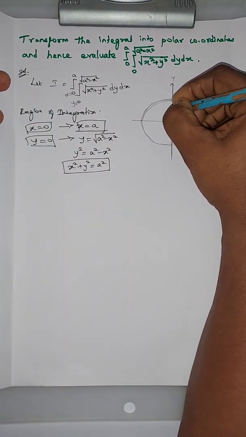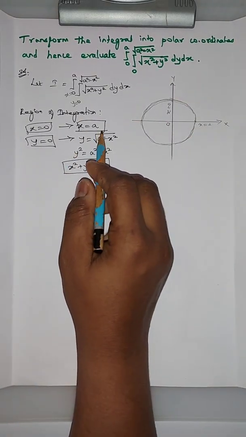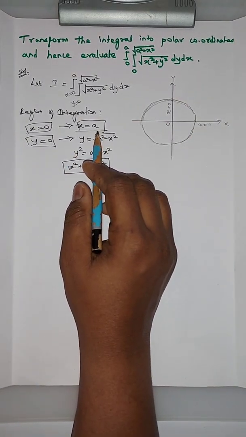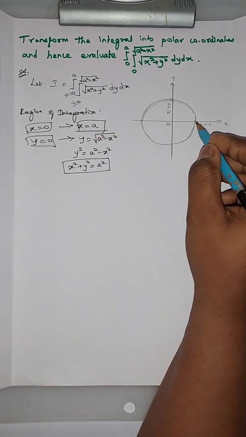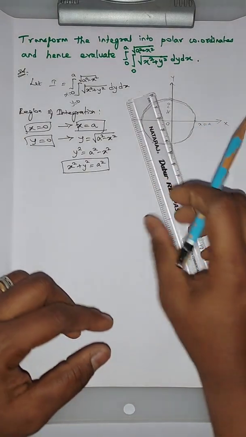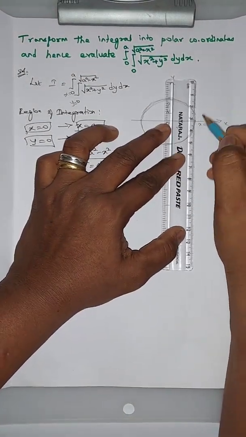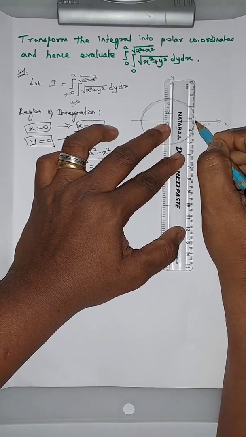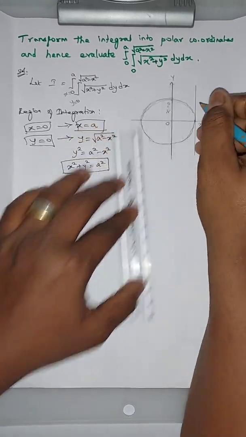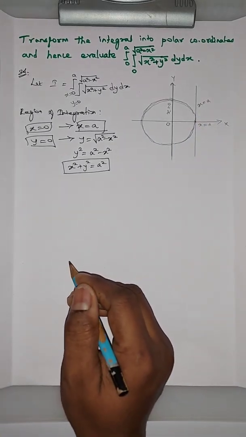Then x is equal to a is a straight line at the point x is equal to a, parallel to the y axis. So at the point x is equal to a, we have to draw a straight line parallel to the y axis. So this line is x is equal to a.